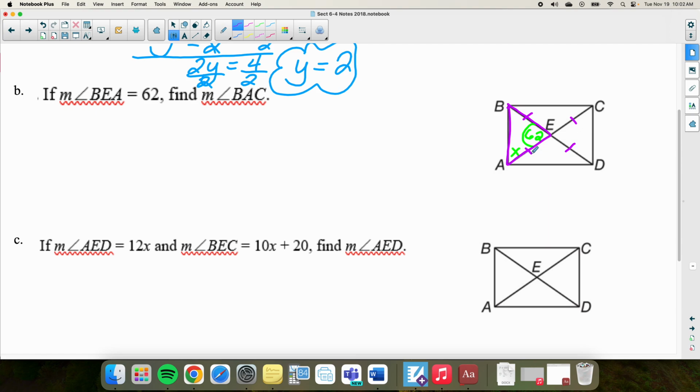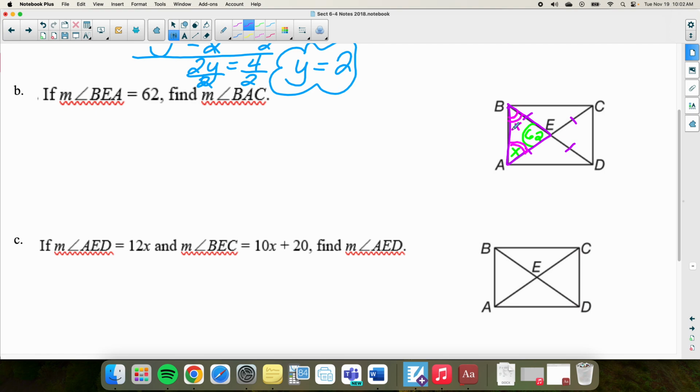So each of these triangles are isosceles triangles. And do you guys remember that if you have an isosceles triangle, if these two are equal, doesn't that make this angle congruent to this angle? Do you guys remember that? So if this is x, that makes this x.